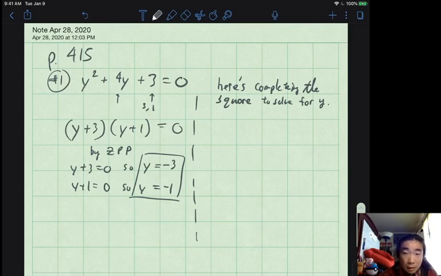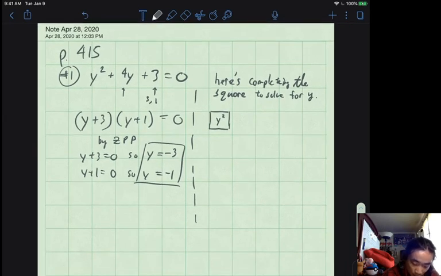So you can imagine, if we go back to the algebra tile idea, here's a big y tile. And then you want to make a square, so the length and width have to be the same. Here's y and y, you split it in half, y and y.